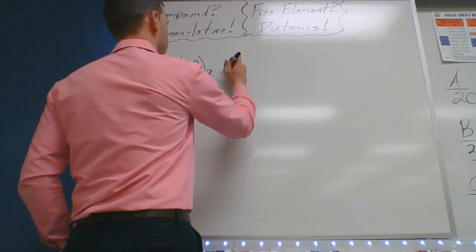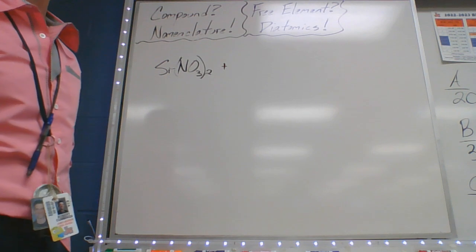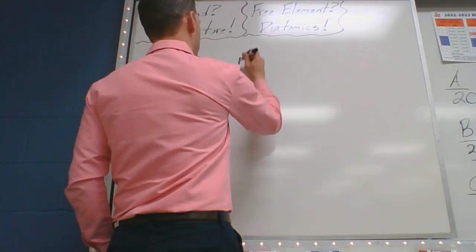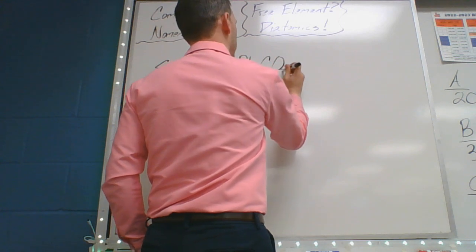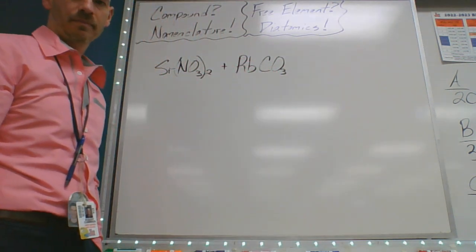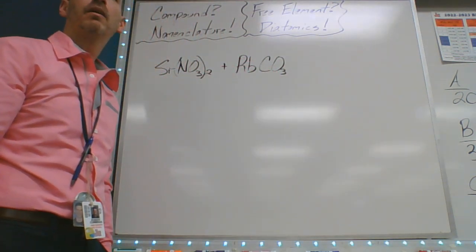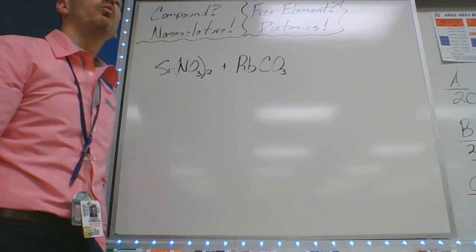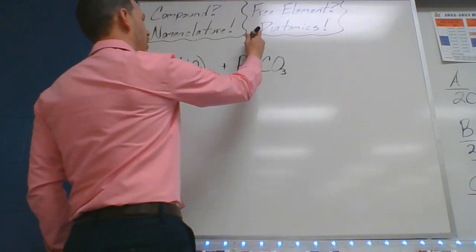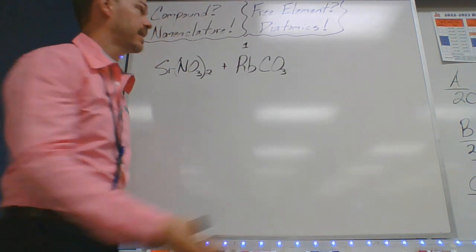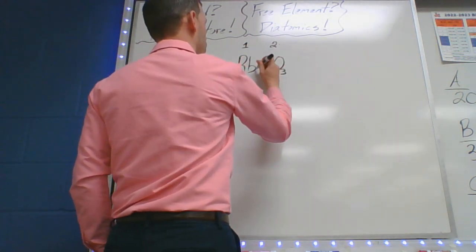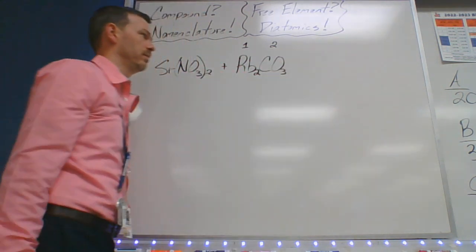Plus, and then rubidium carbonate. Rubidium is Rb, and carbonate is CO3. Rubidium's charge on the table is +1, while carbonate on your list is -2, so there will be a cross.